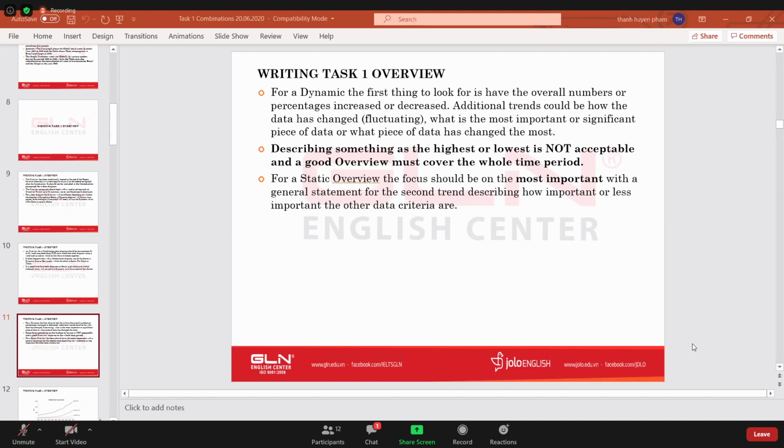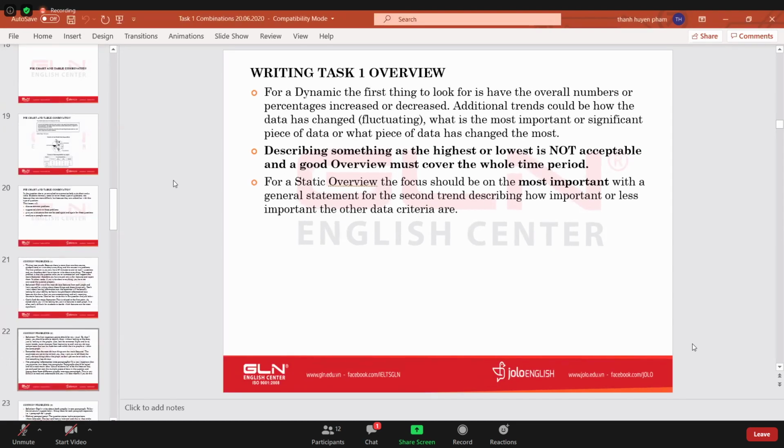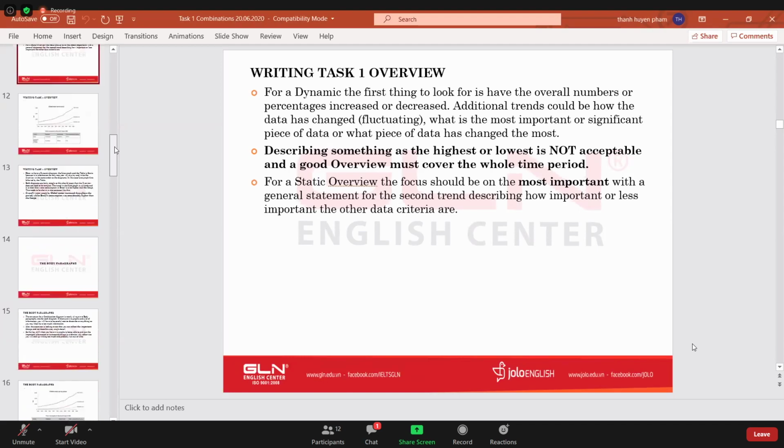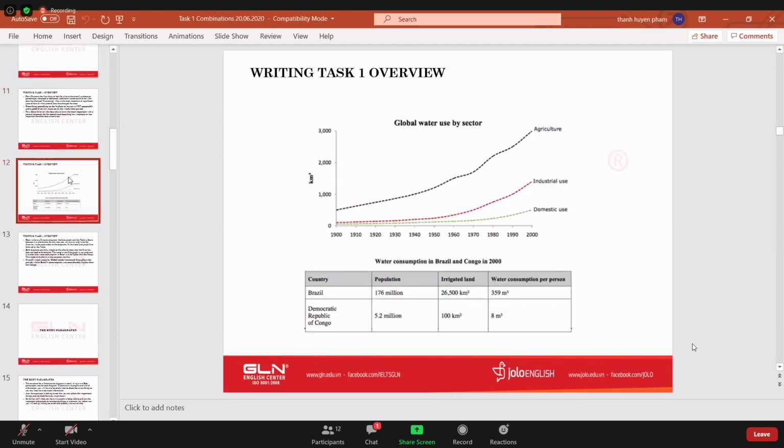So let's go back to our example diagram. All right, and let's have a look. So what are the trends here for an overview?